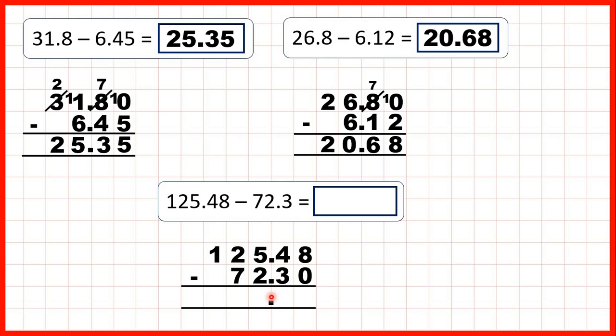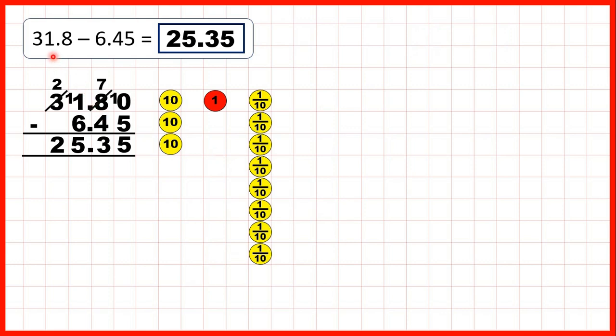We copy down the decimal point into our answer. Now 8 minus 0 is 8, 4 minus 3 is 1, 5 minus 2 is 3. We can't do 2 minus 7, so go to the left, 1 less, 1 in front. 12 minus 7 is 5, and 0 minus nothing is 0. So our answer is 53.18.